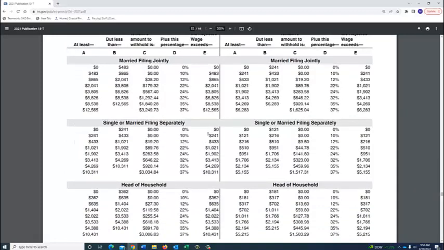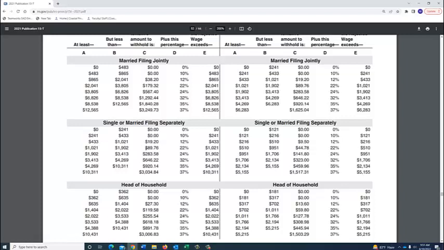She had taxable pay of $528, which falls between $433 and $1,021. So first we're going to find the excess of her earnings over $433, because the tables have already calculated the tax on $433.